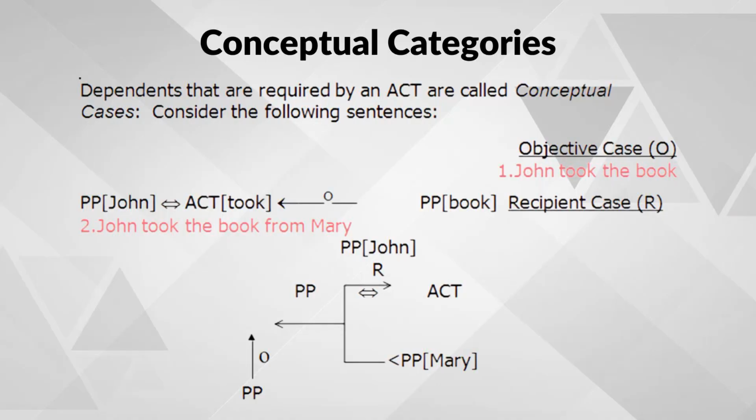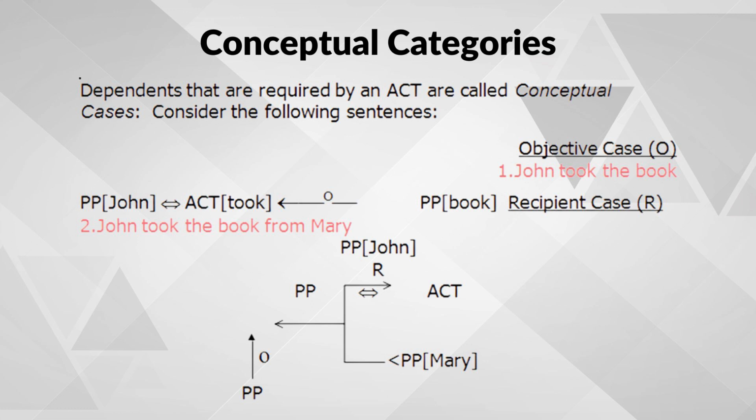Example 1, John took the book. John is objective case, the one performing the action. The book is again objective case, the direct object of the action. Example 2, John took the book from Mary. John is objective case, the one performing the action. The book is objective case, the direct object of the action.